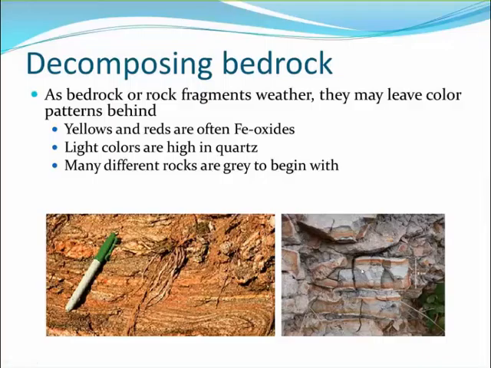And here's an example on this picture to the right. The reduced colors, the center of the rock is reduced and it is gray. The outside part of the rock is oxidized. It's been exposed to oxygen, and the iron has migrated to the edge of the rock and it's turned red because it's now crystalline and no longer soluble.